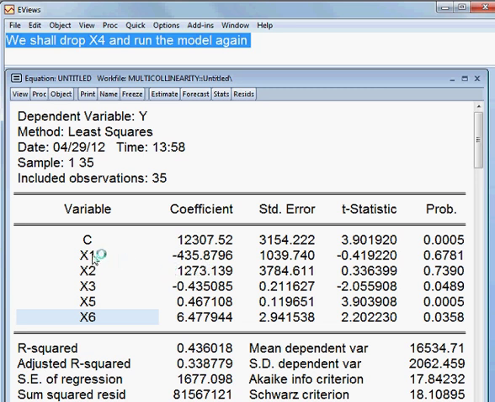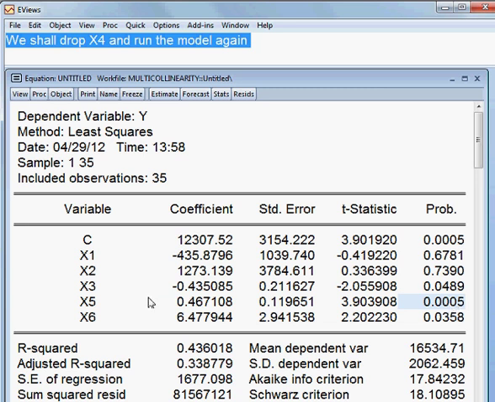Now you can see x1 is not significant, right? x2, no, not significant. But x3, yes, it is significant at 4.89%, which is less than 5%. And x5 is significant at 0.05%.